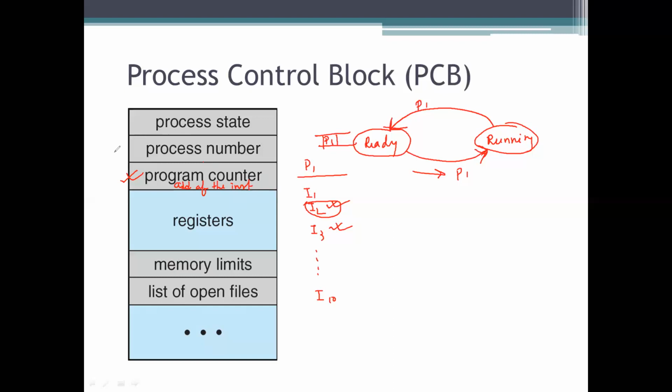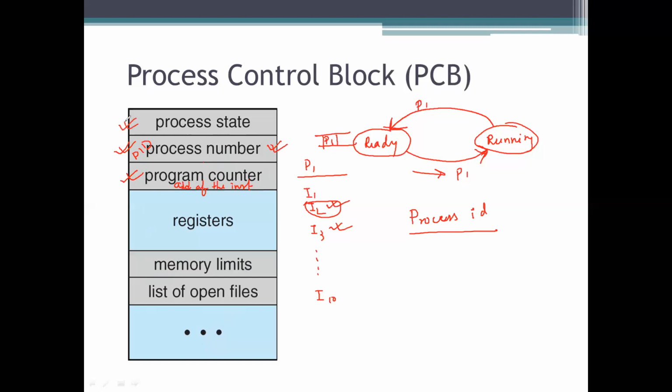Apart from that, each process has some unique identification number, which is called the process ID or PID. It is stored inside the process number field. This field identifies which process the information in this data structure belongs to.